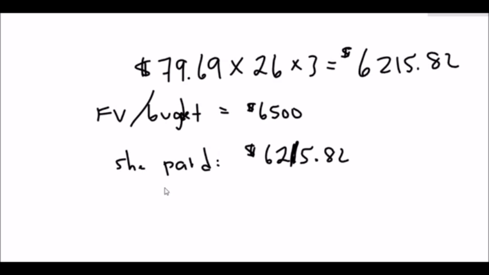And therefore, the amount of money that she collected in interest is the difference between the $6,500 that she ends up having in the account and the money that she actually put in the account. So she actually saved herself $284.18 by planning ahead and depositing the money. So, that's nothing to sneeze at, right? $284, I would take that in a moment.